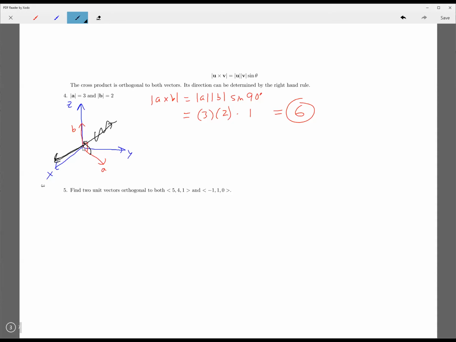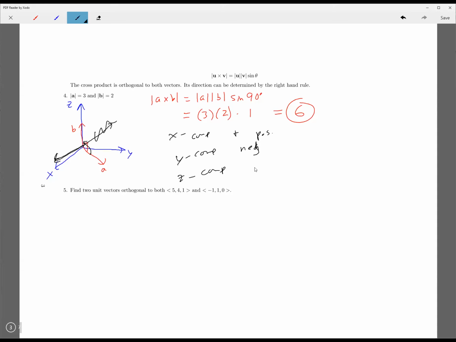So the x component is going to be positive because it's kind of pointing in the same direction, and the y component is going to be negative because this is the negative y direction over here, and that's going to push it that way.